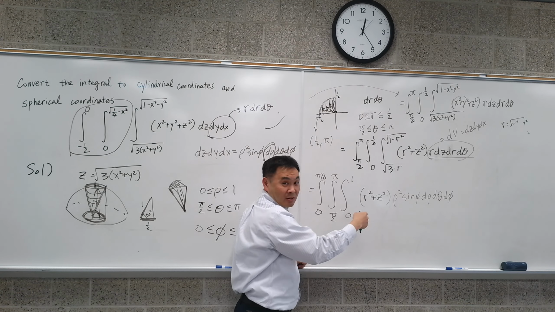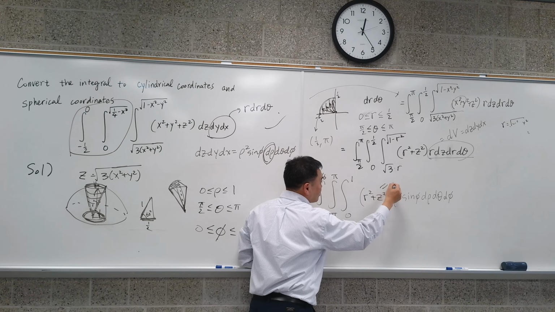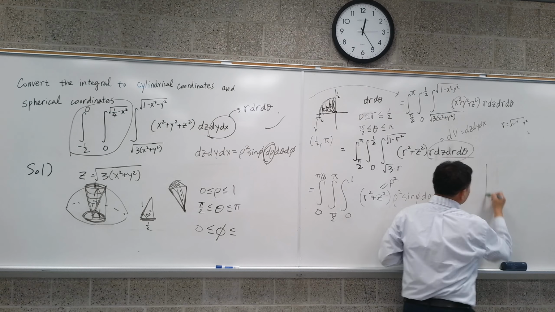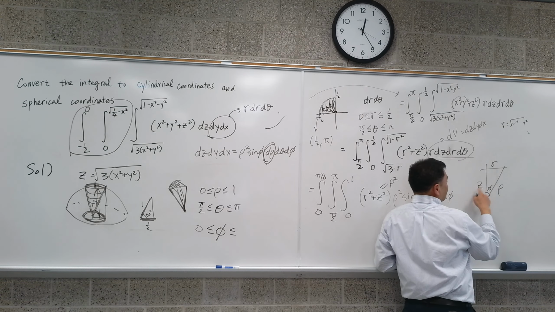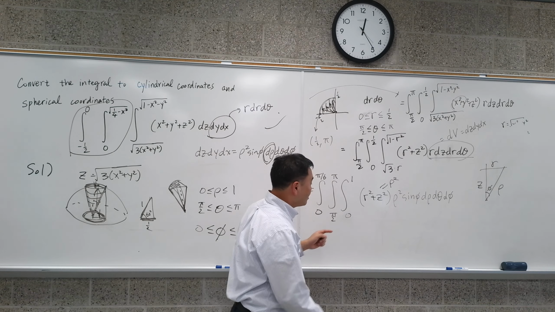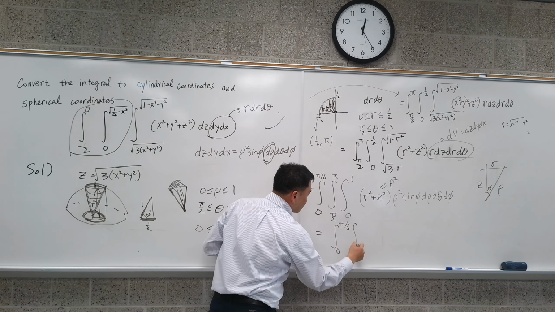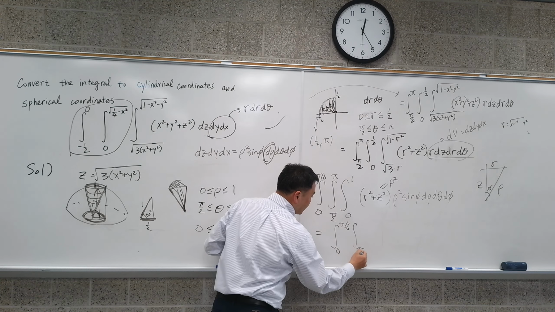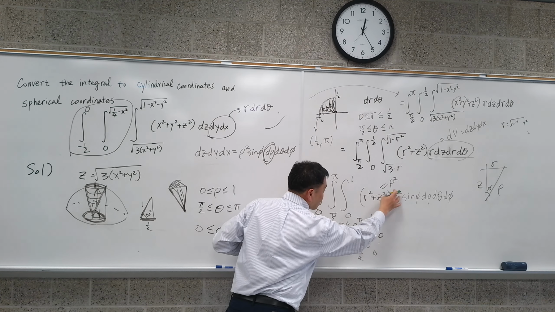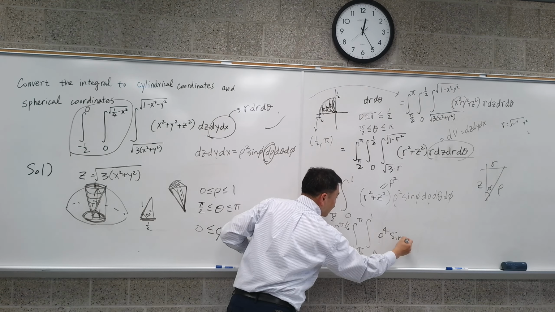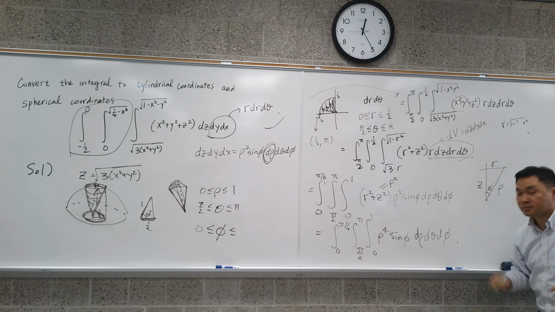In the picture that I just erased, z squared plus r squared is rho squared. And therefore you get 0 to pi over 6, pi over 2 to pi, 0 to 1, rho squared times rho squared is rho to the 4th, sine phi, d rho d theta d phi. That's the answer.